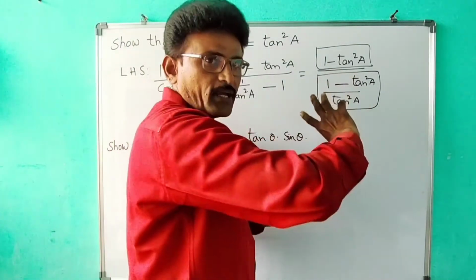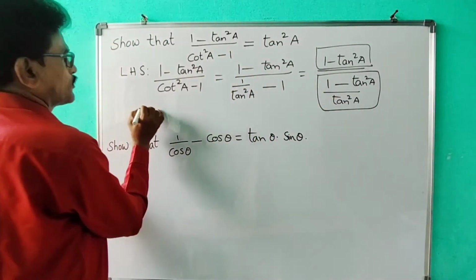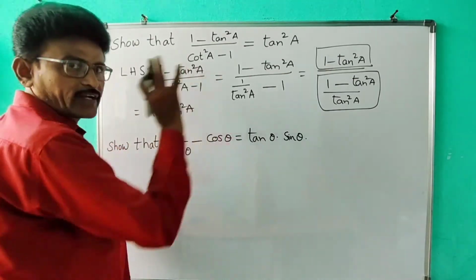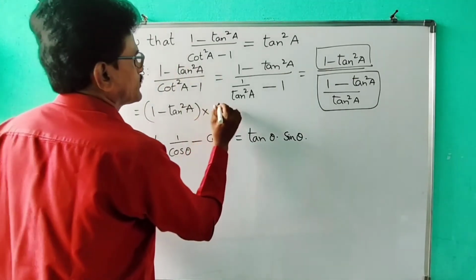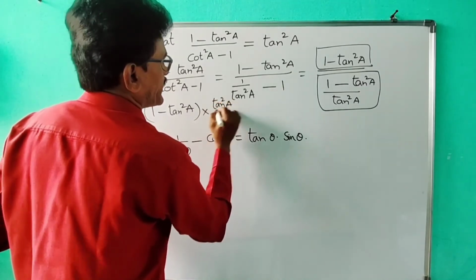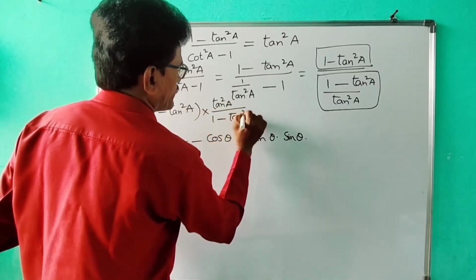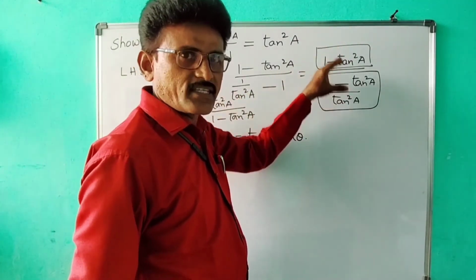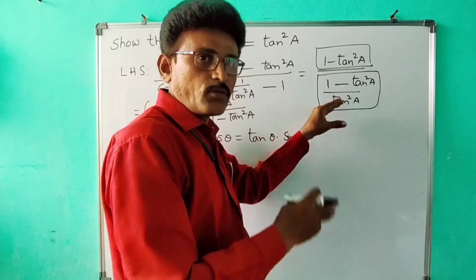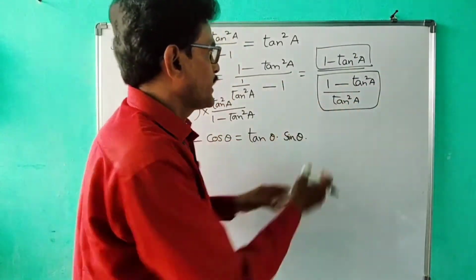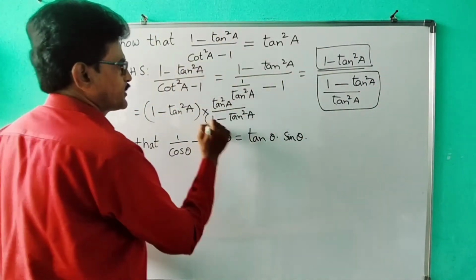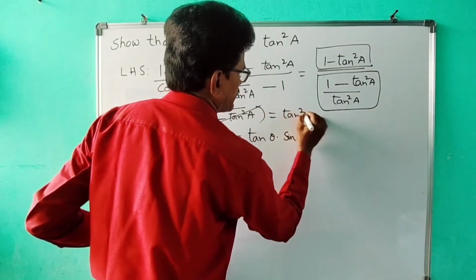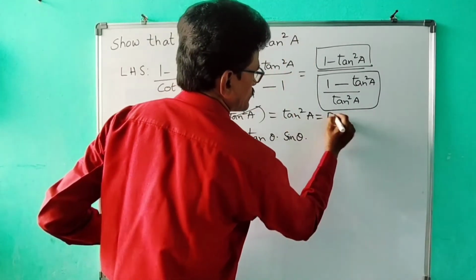This denominator will be (1 minus tan square A) by tan square A. As it is we write the numerator, into, now this one I am writing as tan square A by (1 minus tan square A). A by B divided by C by D means A by B into D by C. Here 1 minus tan square A, 1 minus tan square A cancel. What are we getting? Simply tan square A.